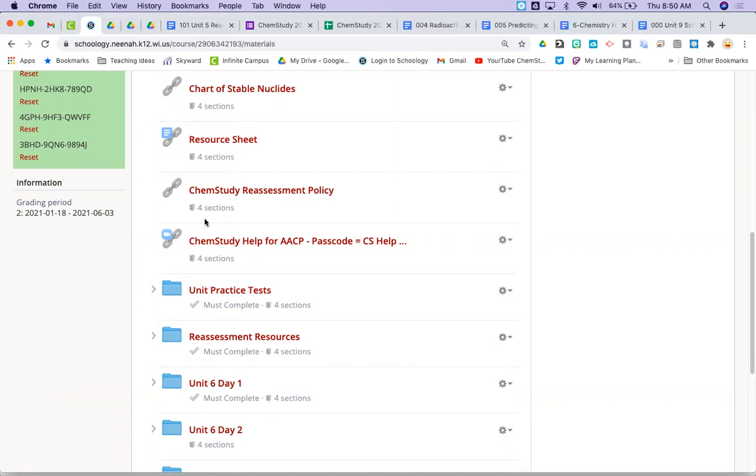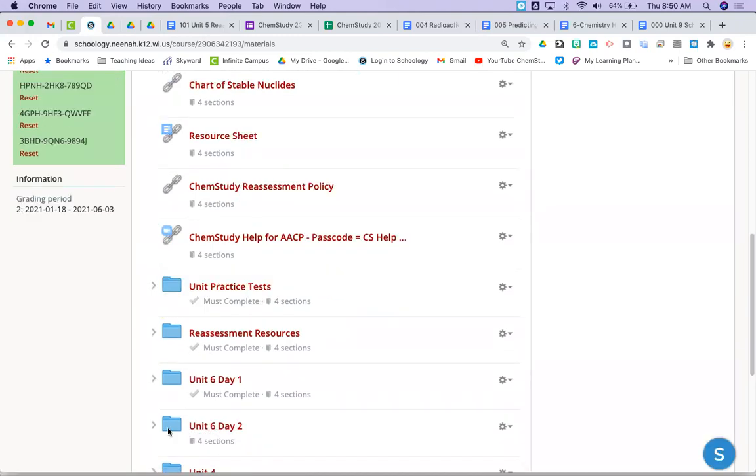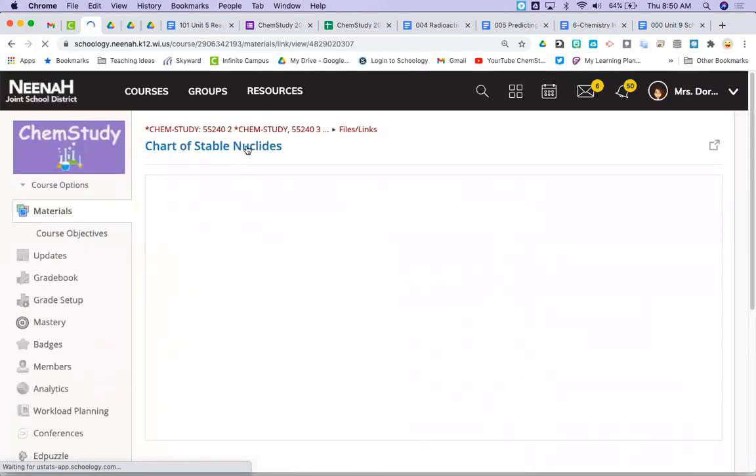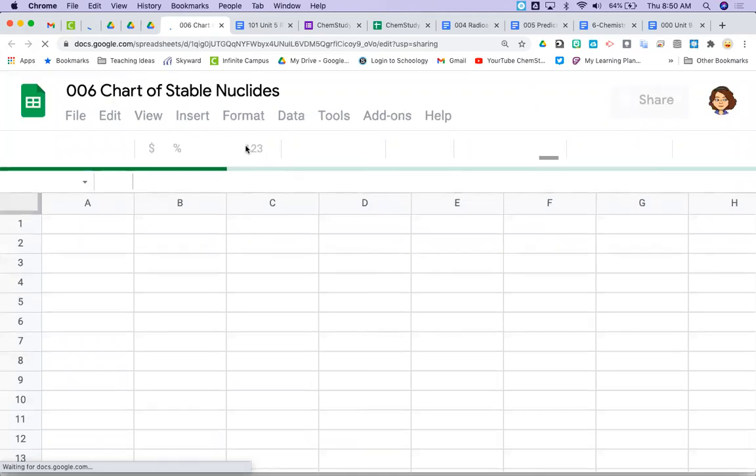It's now right here underneath your periodic table. I've also put it in the Unit 6 Day 2 folder because today was the day that we're talking about it. But I don't care how you go about getting it. Pop that thing out of Schoology. It takes a minute to load because it's pretty complicated.